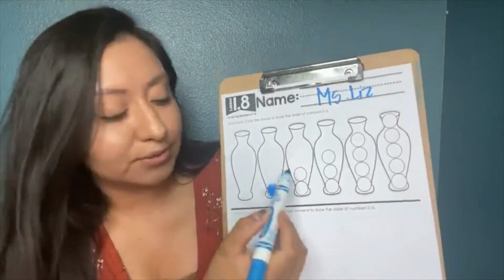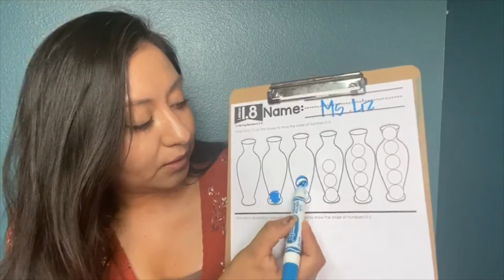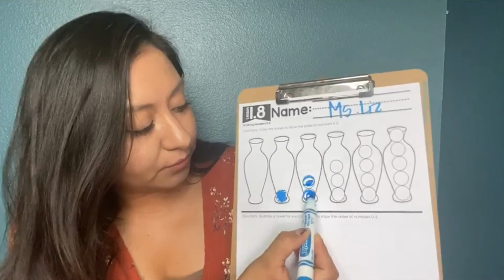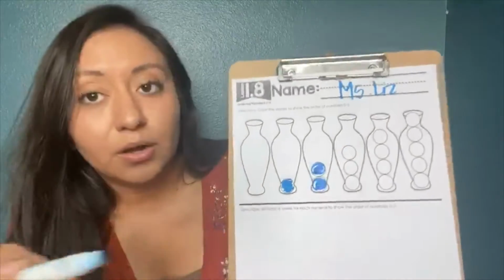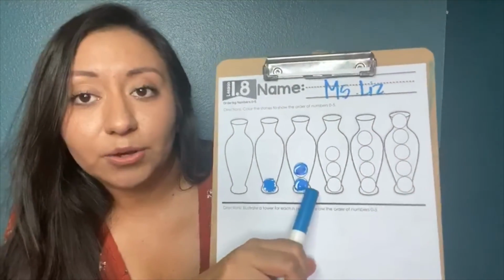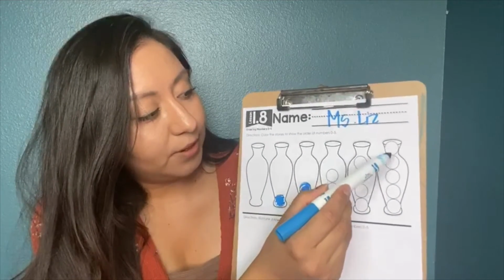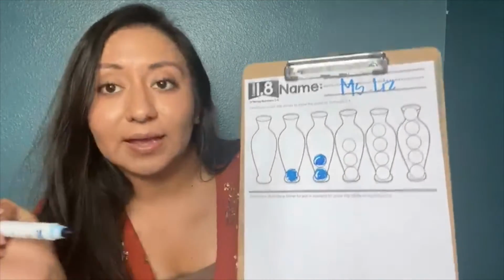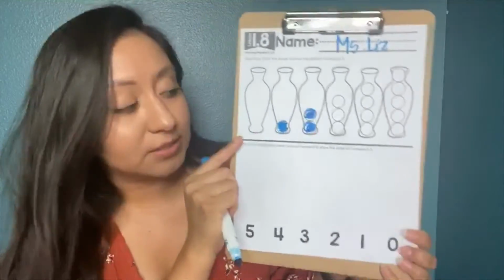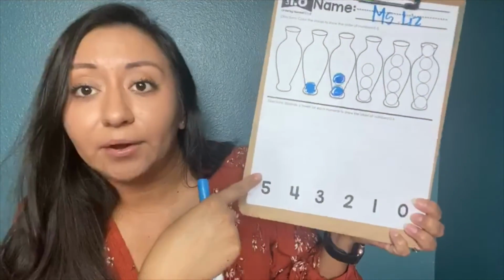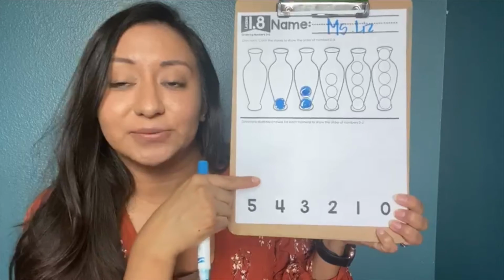Okay, now that we colored that one, we go to the next one. Let's count the stones. 1 and 2, okay? All right, and then I want you to keep counting, okay? We're gonna end with, let's count 1, 2, 3, 4, and 5. Next, we are going to make our own tower with stones, okay?